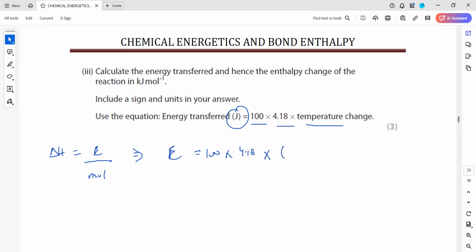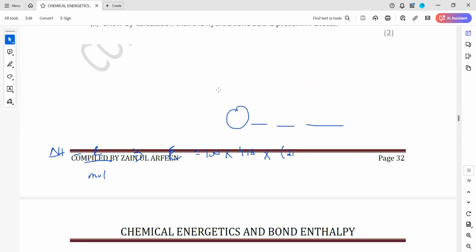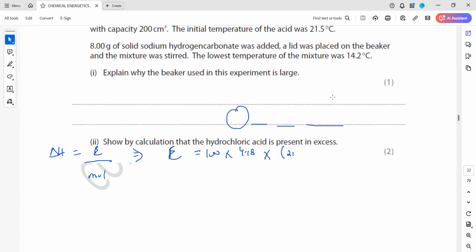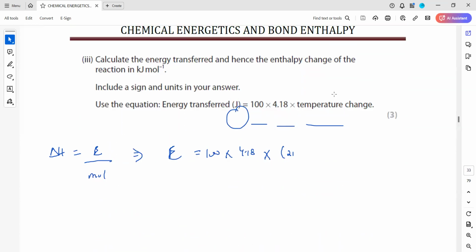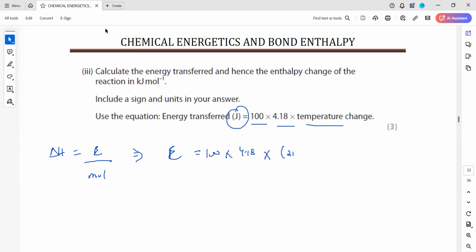And the temperature change is the difference between 21.5 and 14.2. This will give us the temperature change, and this will give us the energy in joules.